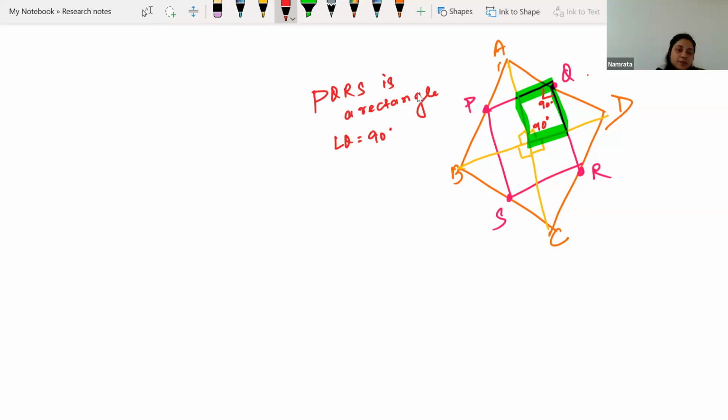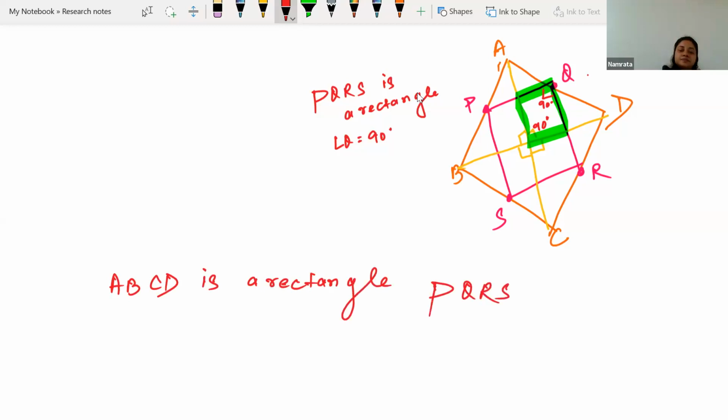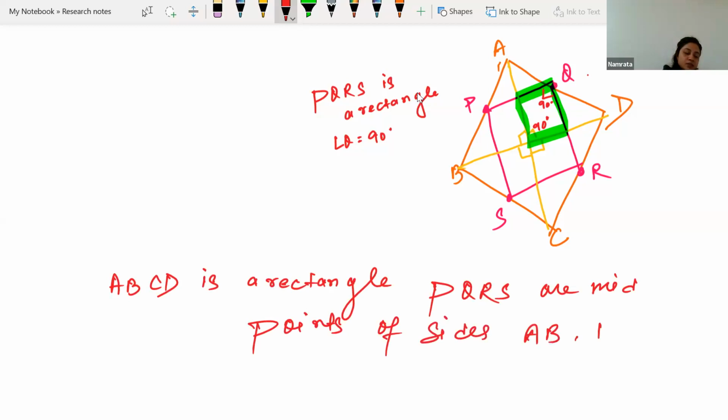The next theorem says that ABCD is a rectangle. Again, P, Q, R, S are the midpoints of sides AB, BC, CD, and DA respectively.